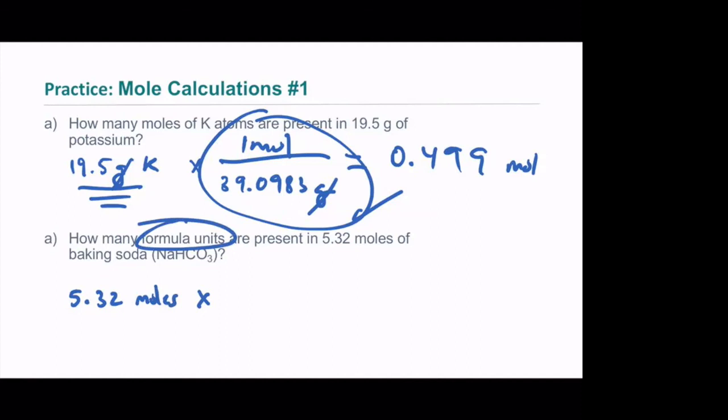Multiply by Avogadro's number. This is like saying I got 5.32 dozen. How many eggs do I have? We'd multiply by 12, 12 eggs per dozen. Well, instead of a dozen, replace it with 6.02 times 10 to the 23rd particles per mole.